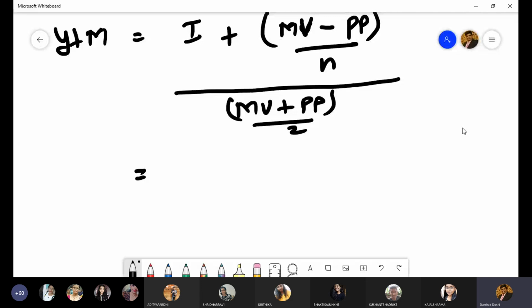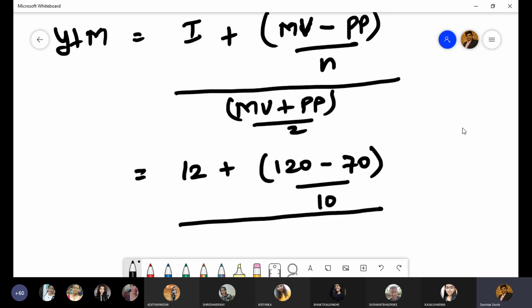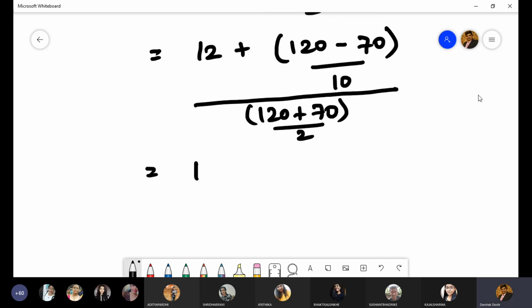Substituting the figures, interest is 12, maturity value is 120, purchase price is 70, divided by 10 years, the whole divided by 120 plus 70 divided by 2. Please correct me if I'm wrong. Equal to 12 plus, can I say it will be 5? 50 divided by 10. The whole divided by 95. Yes, sir.